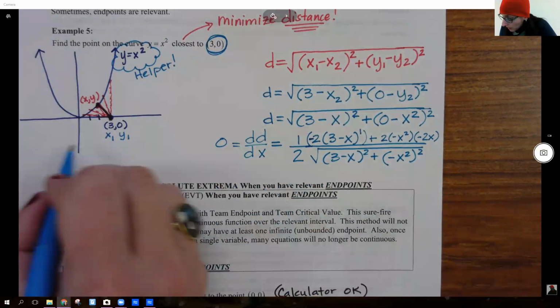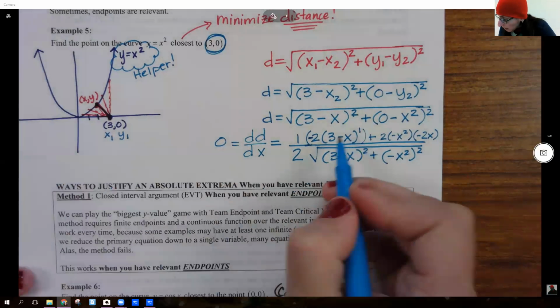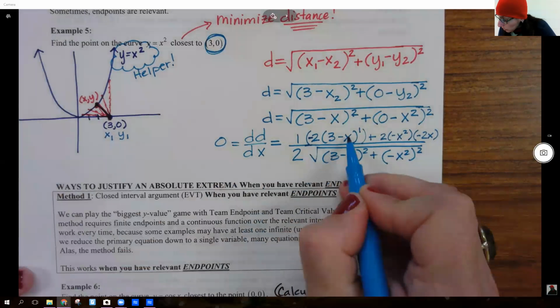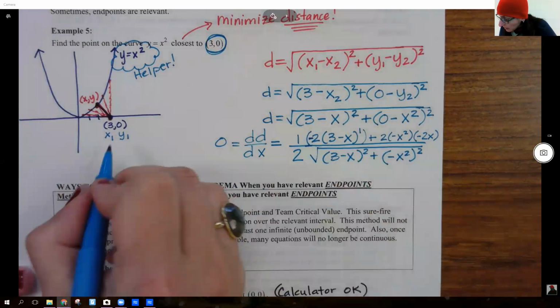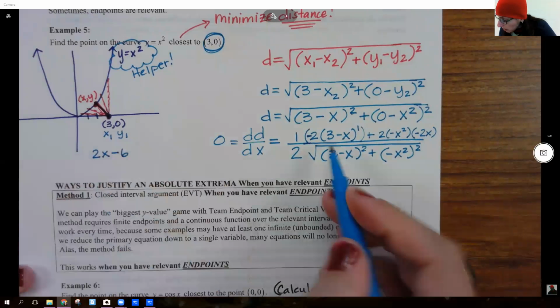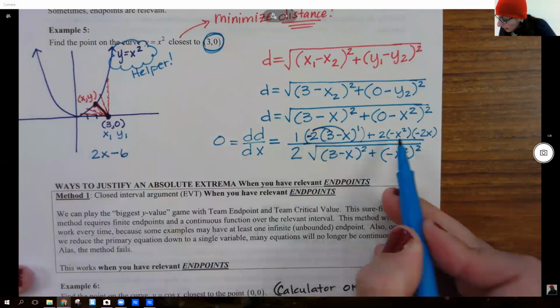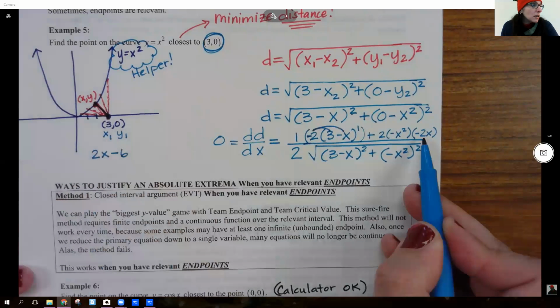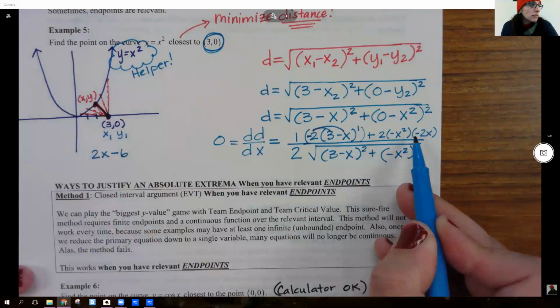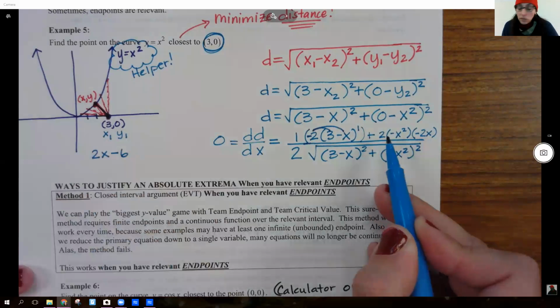So I'm going to try to make some space over here and let's, all right, what's this going to turn into right here? This will be 2x minus 6. And then this will be positive 4x cubed.